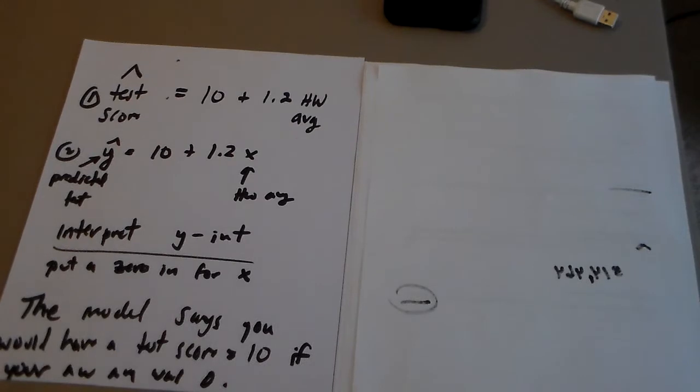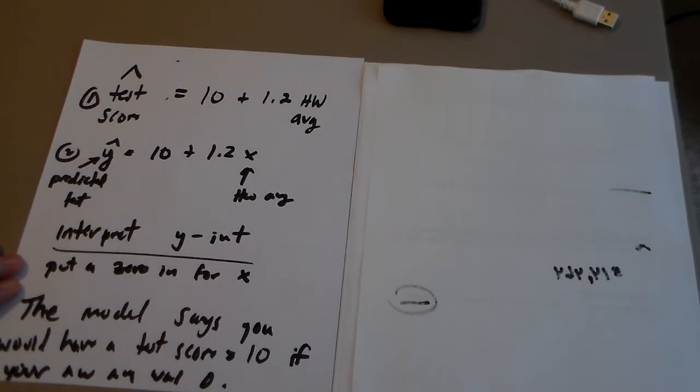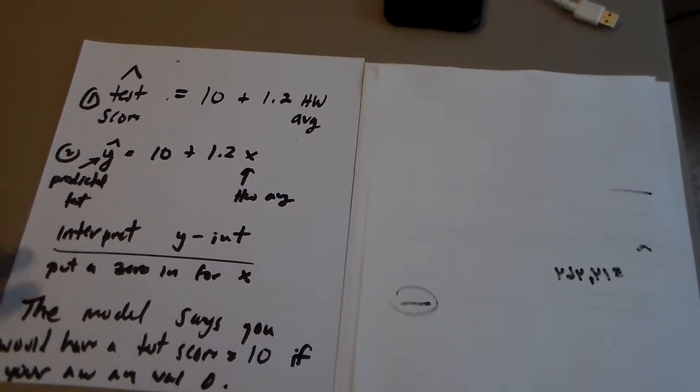All right, so that's the correct way to interpret that. That's how you interpret the y-intercept, okay? The model says you would have a test score of 10 if your homework average was 0, okay? Plug a 0 in for x, get an answer for y.